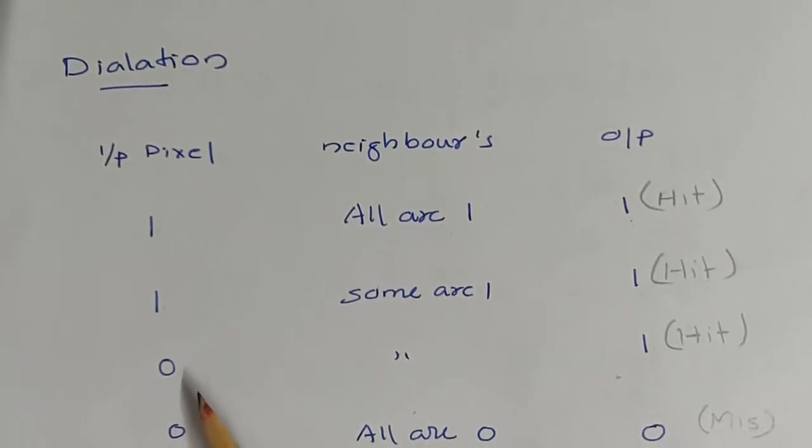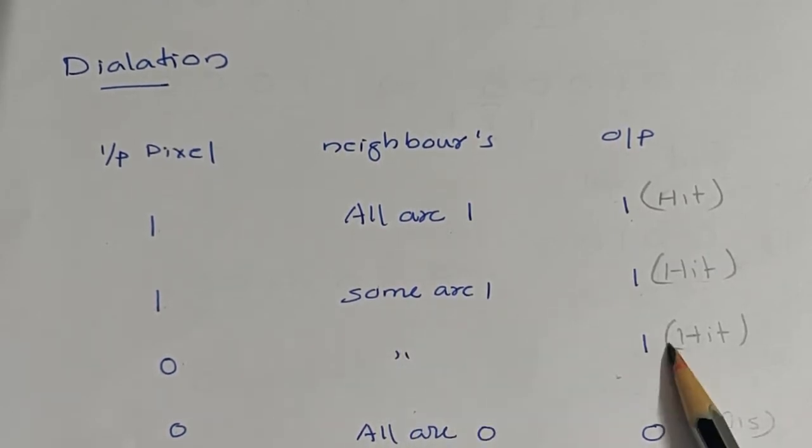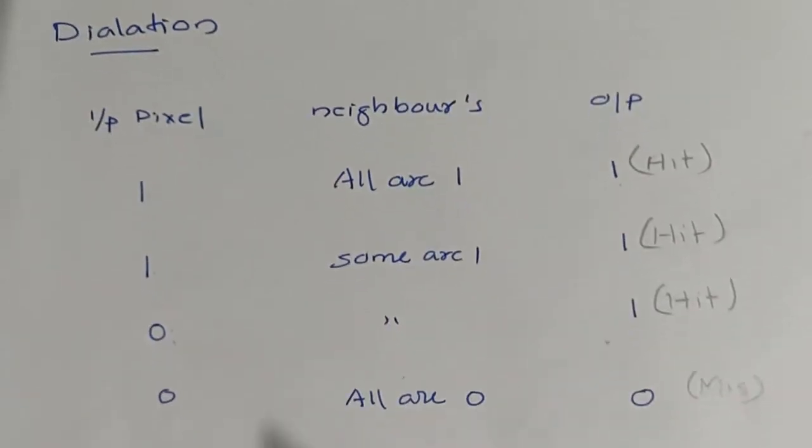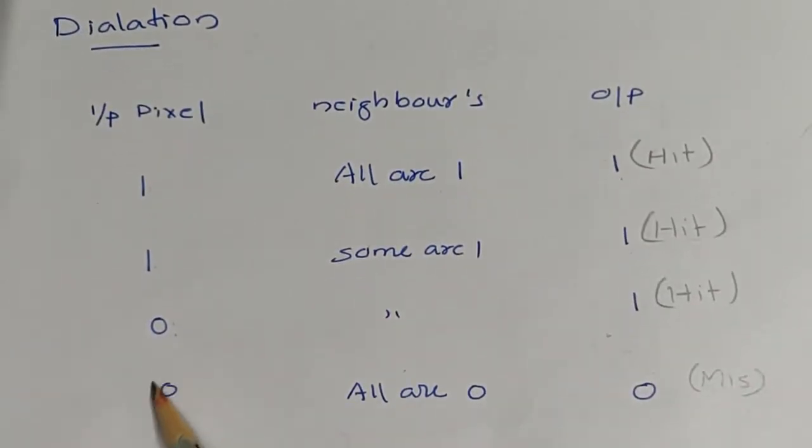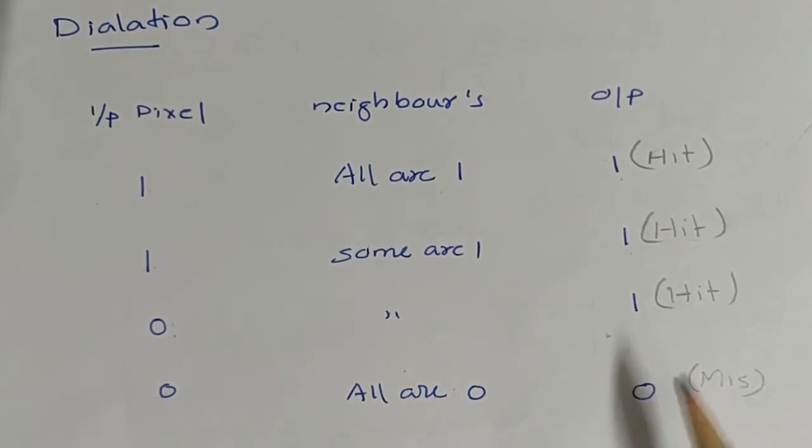If the input pixel value is 0, then we check the neighbors. If some neighbors are 1 and some are 0, then the output will be 1. That means the input pixel value 0 is changed to 1. If the input pixel value is 0 and all neighbors have value 0, then the output will be 0. Only in this case will the output be 0.